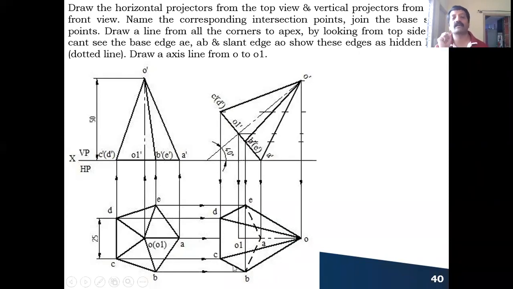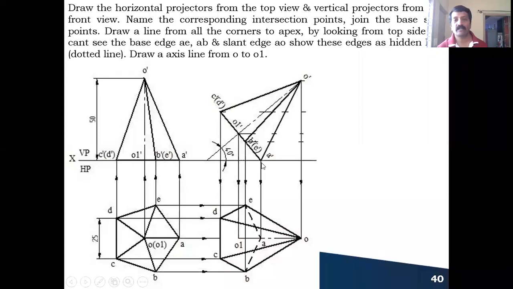For a solid, a couple of times I am repeating this, the outermost boundary line, even if it is not seen, I cannot represent it with hidden edges. Otherwise, we cannot call it a solid. So this is the visible edge.